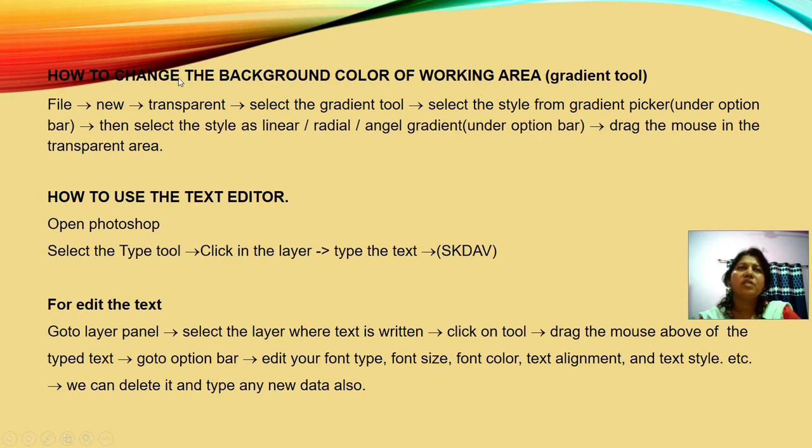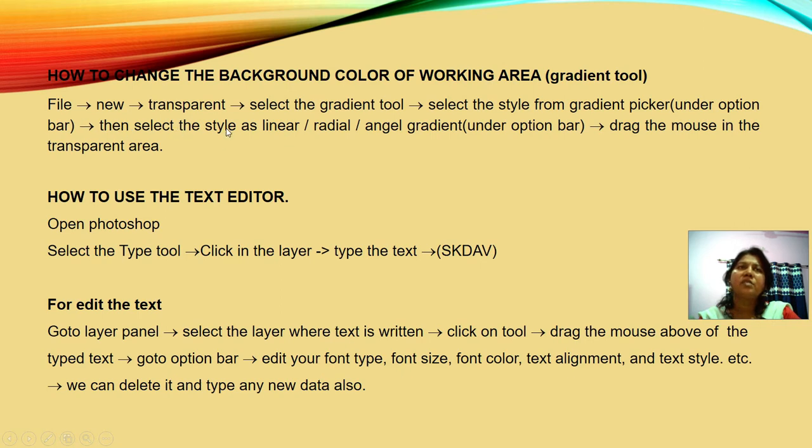How to change the background color of the working area? So by using your gradient tool. Click on file, new, transparent. Remember your file is to be created by using the transparent option. Select the gradient tool, select the style from your gradient picker under the option bar.